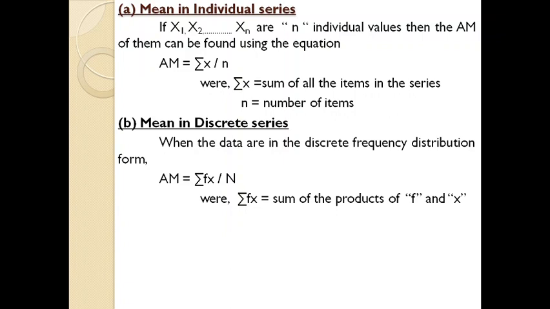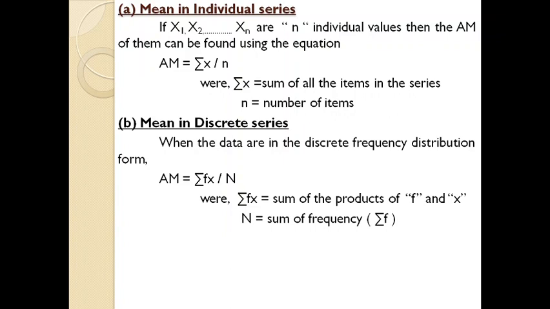Once you find the products, you need to take the sum. That is known as the sum of the product of f and x. And remember, in a discrete series, the denominator is capital N. N represents the total of frequency, that is sigma f. While dealing with the problem area, you will understand the concept.